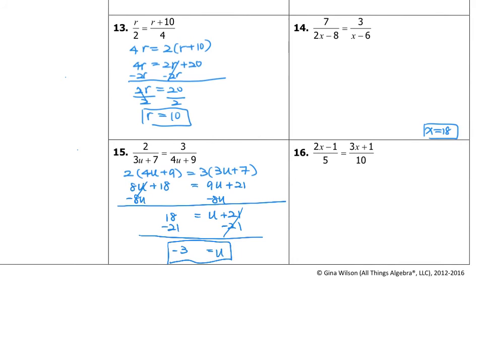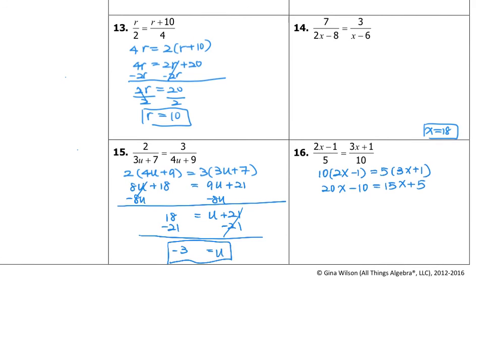Number 16, cross multiply again. Distribute. 10 times 2 is 20. 10 times 1 is 10. 5 times 3x is 15x. 5 times 1 is 5.